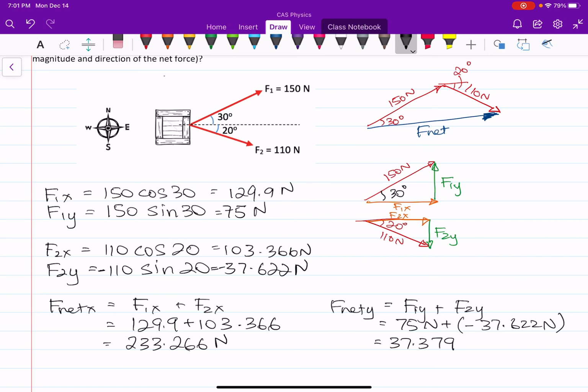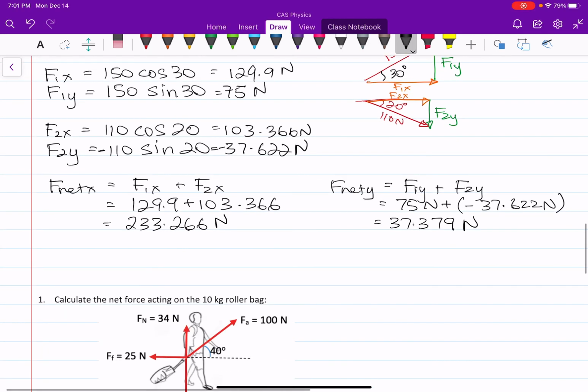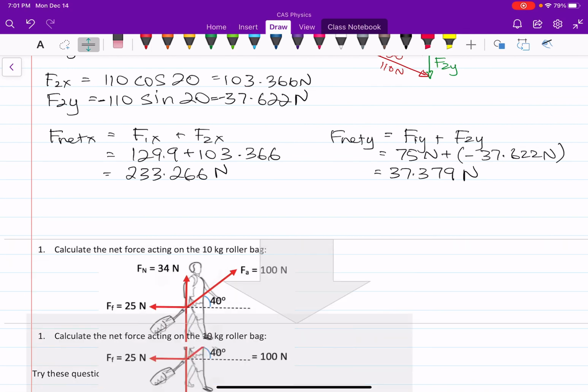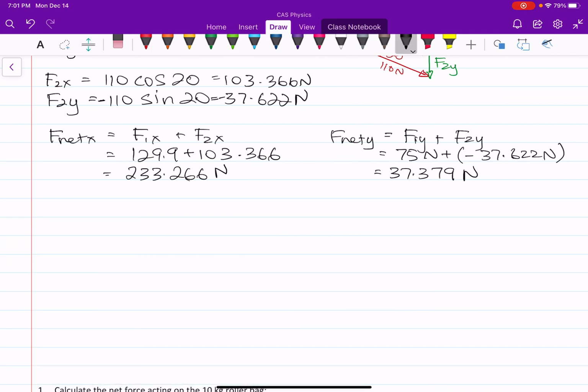So what I have now is the x and y components of F net. Now I can use the same method we've used before. F net x equals 233.266, and F net y, which is much smaller, equals 37.379, and that gives me my resultant, the full F net.